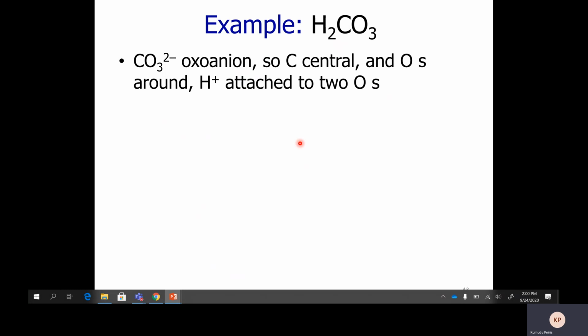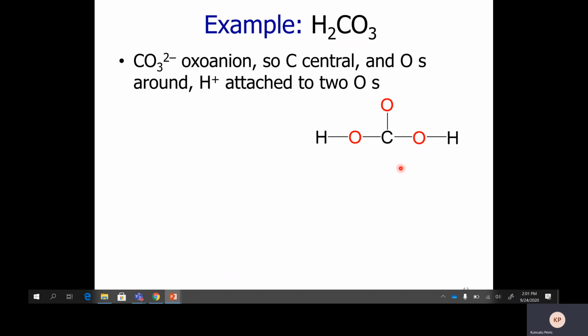So we draw the skeletal structure by taking the carbon as the central atom, and there are three oxygens. We connect these three oxygens and draw a single bond between each carbon and oxygen, and then we connect these two H pluses to two oxygens.